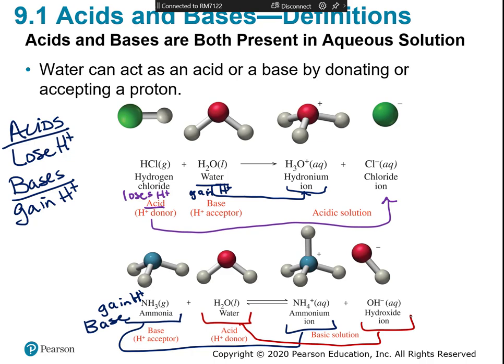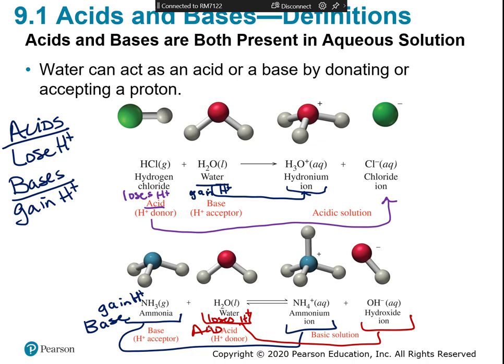You can really just look for the hydrogen. So you can see that this one loses its H+. That makes it an acid. But again, notice that we identify it over on the reactant side, just like what we did with oxidation and reduction. It was always the reactants that got identified as being oxidized or reduced.